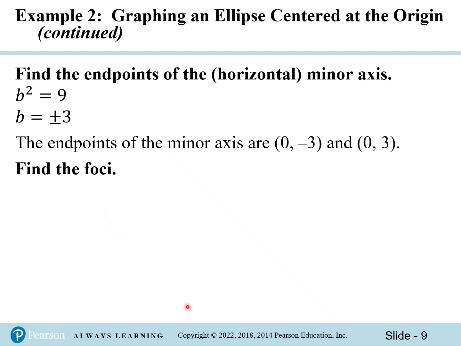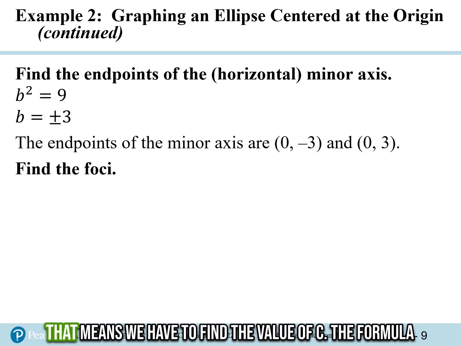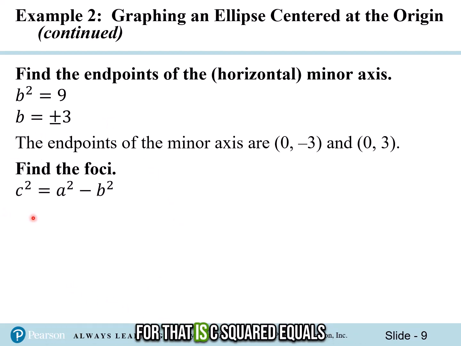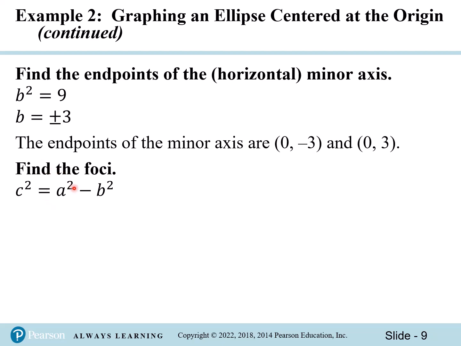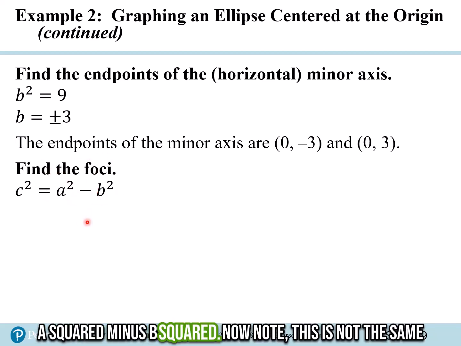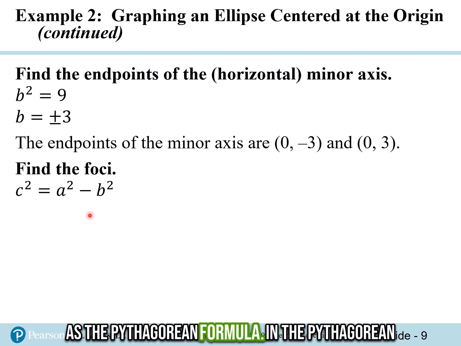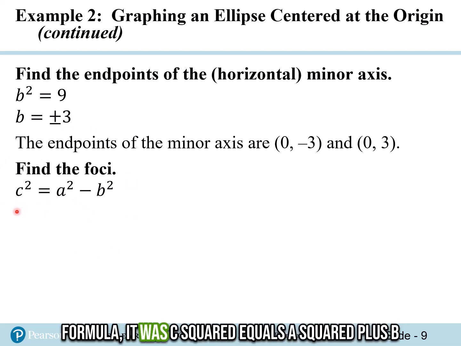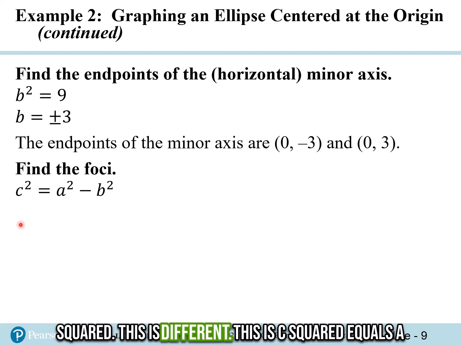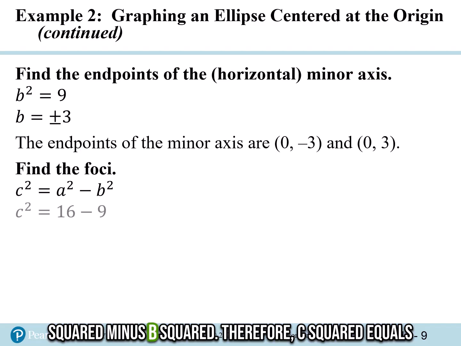Finally, we will find the foci of the ellipse. That means we have to find the value of c. The formula for that is c squared equals a squared minus b squared. Now note, this is not the same as the Pythagorean formula. In the Pythagorean formula, it was c squared equals a squared plus b squared. This is different. This is c squared equals a squared minus b squared.